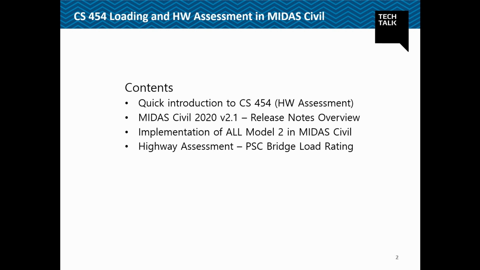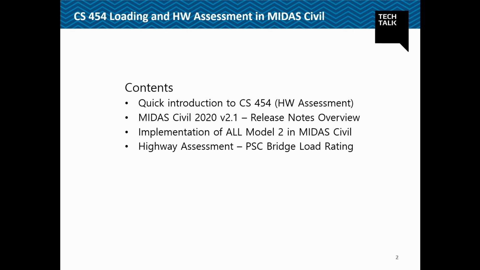So, in terms of contents, there are 4 key areas that we're going to go over. First, we're going to have a quick introduction of the CS454 and the changes that it brings to our procedures. Then we'll discuss the Midas Civil 2020 version 2.1 release notes overview.